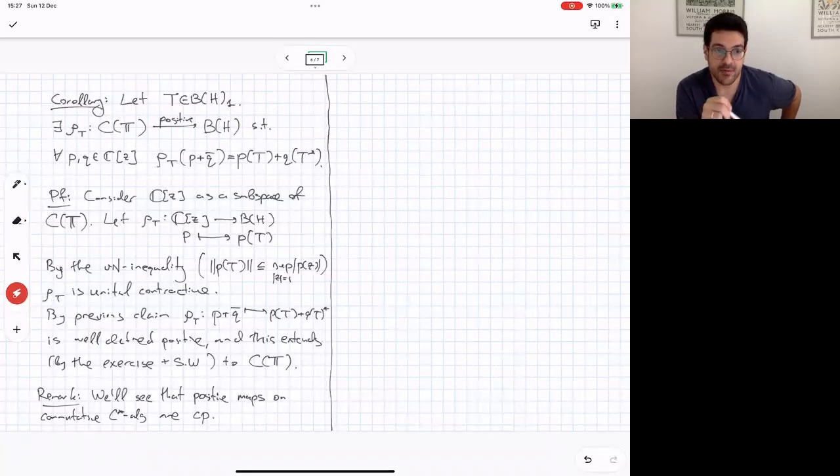In fact, they proved that this map is positive on polynomials in Z and Z bar by hand.